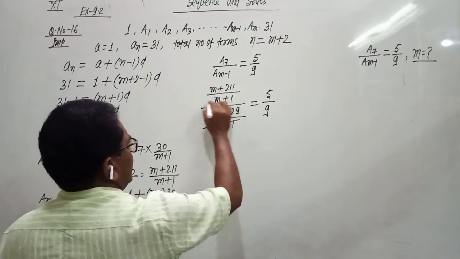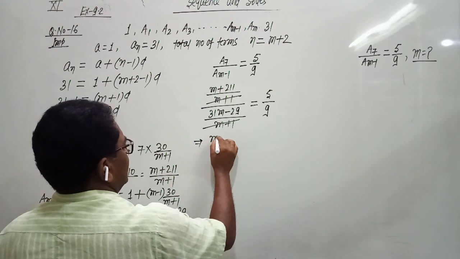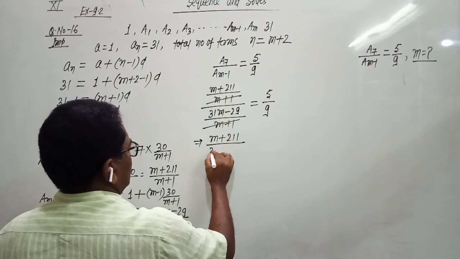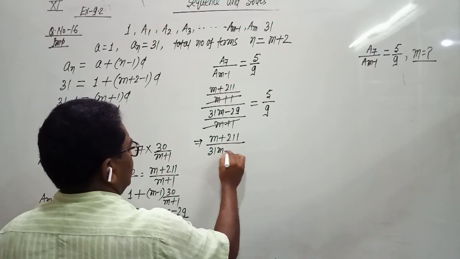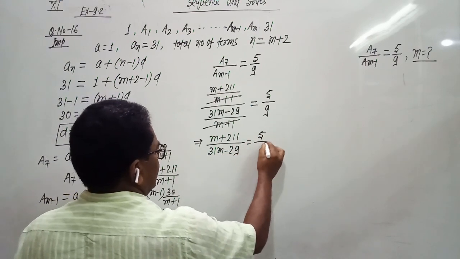So m plus 1 gets cancelled, and we get (m plus 211) upon (31m minus 29) equals 5/9.